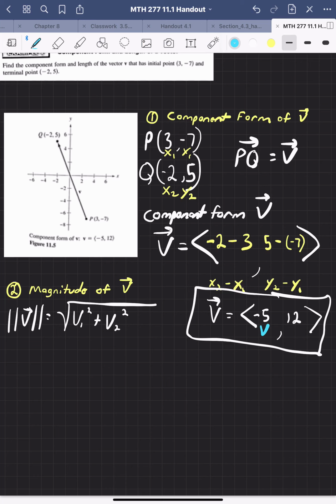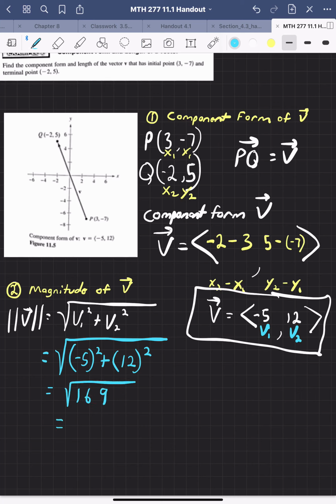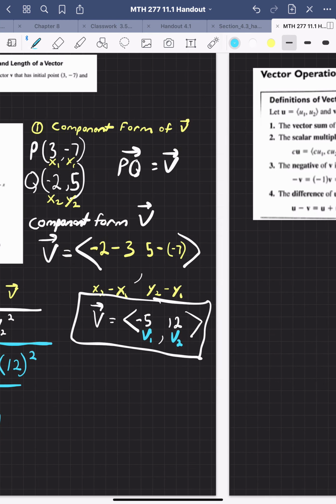So this is our v sub 1, this is our v sub 2, and it's simple arithmetic from here. We get the square root of negative 5 squared plus 12 squared.